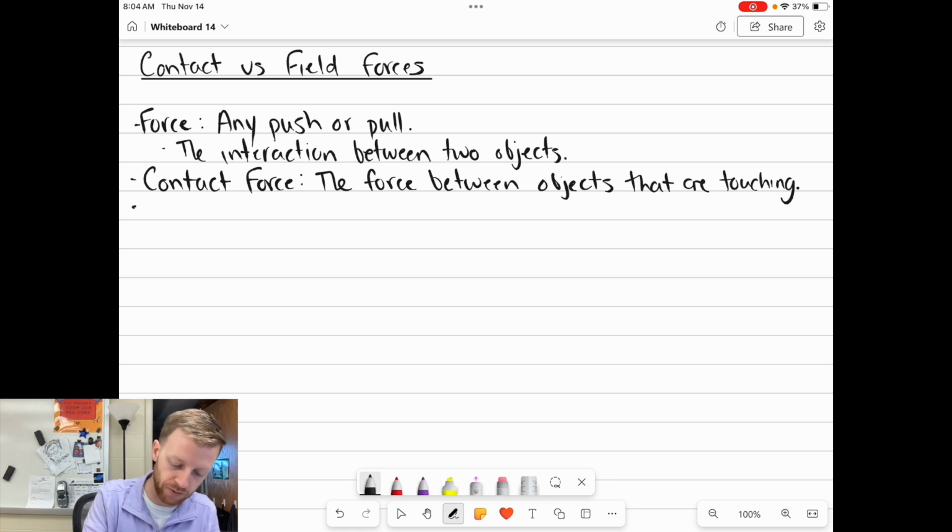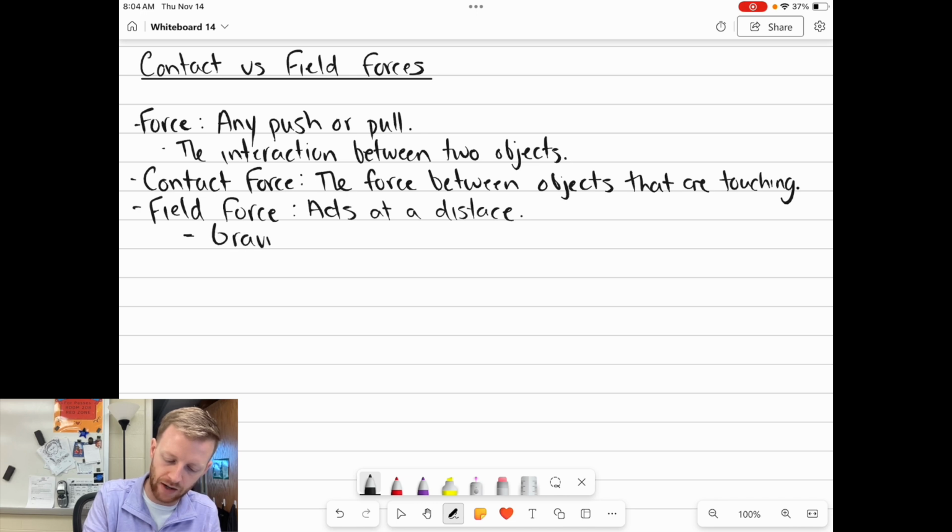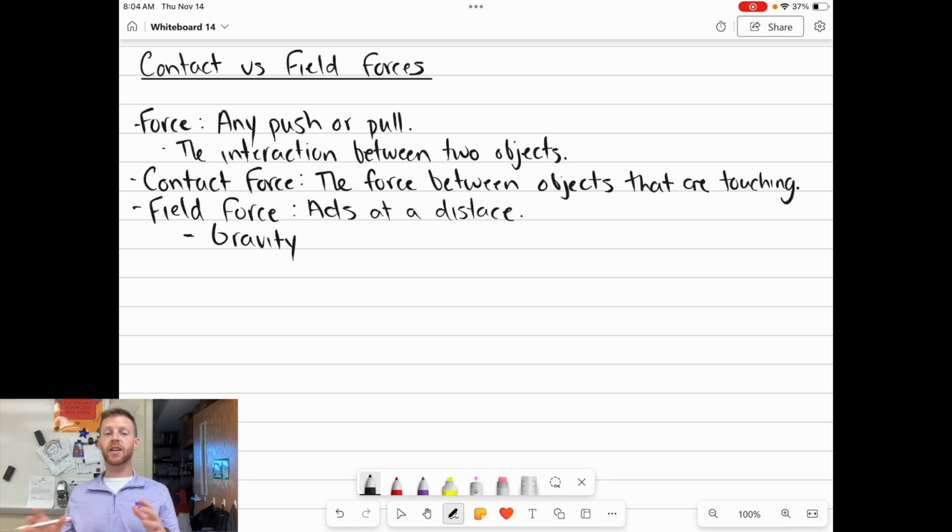The other type of force we have is called a field force. Now, field force is different. A field force acts at a distance. And the only field force we're really going to talk about in this class is gravity. Now, you could run an experiment here and jump and see if you can jump away from gravity, jump away from the earth, but you know through your own experience you will come back down to earth.